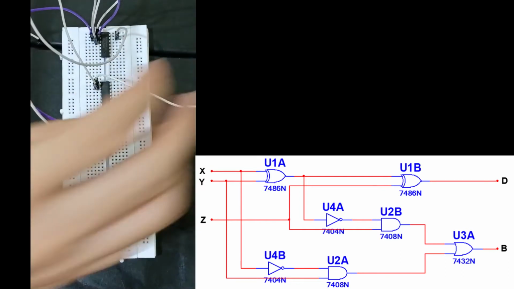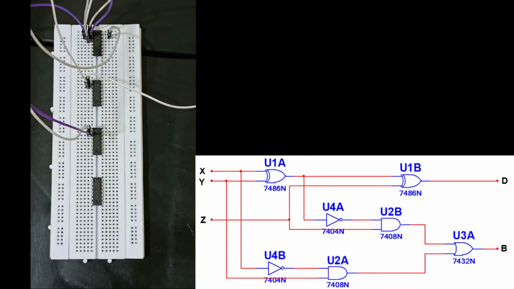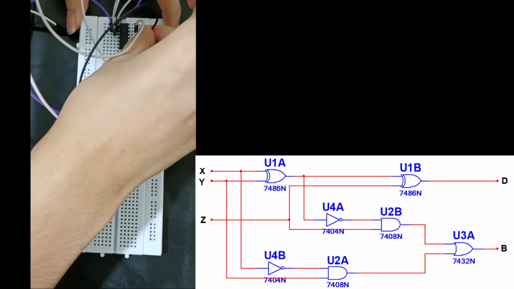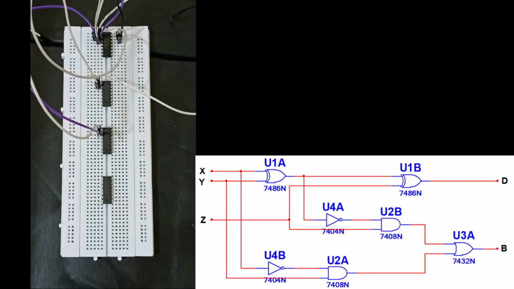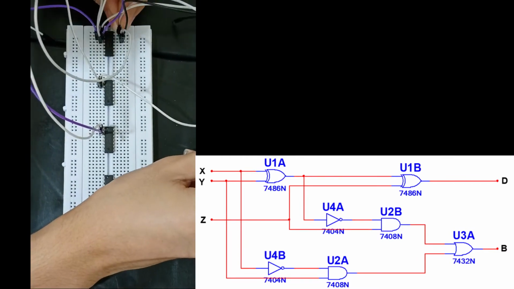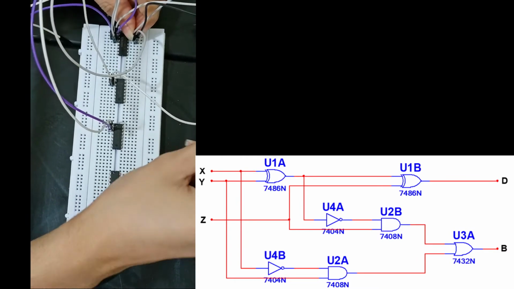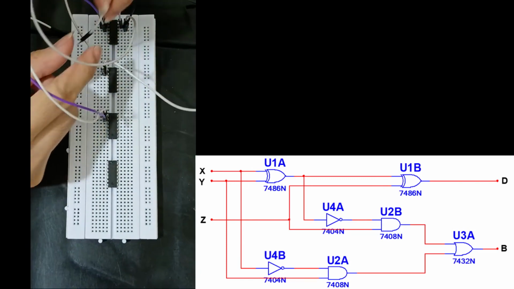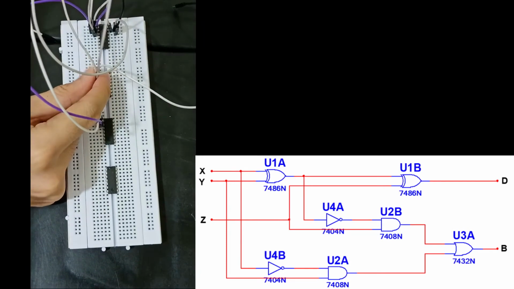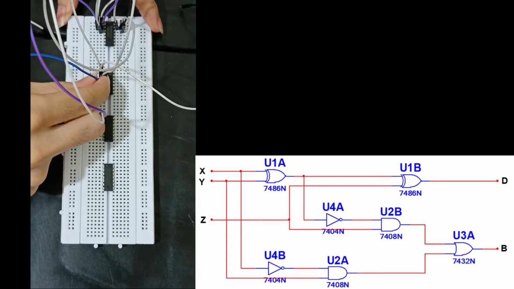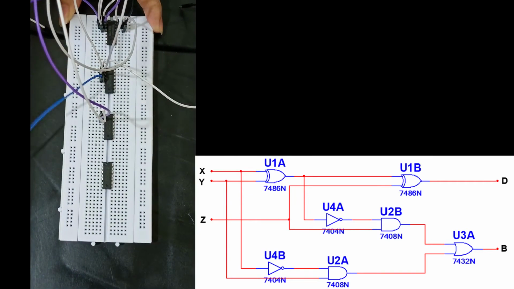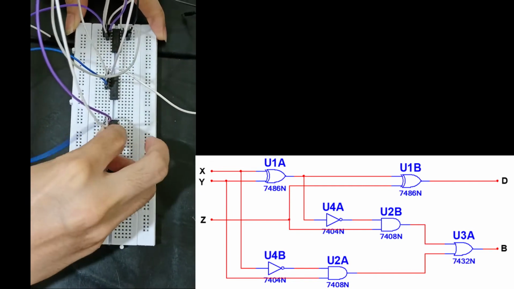The inputs are X, Y, and Z, while the outputs are D and B. Output D is for the difference output, and B is for the borrow output. By following the circuit diagram in connecting to the proper pin configurations, we are able to come up with the full subtractor circuit.